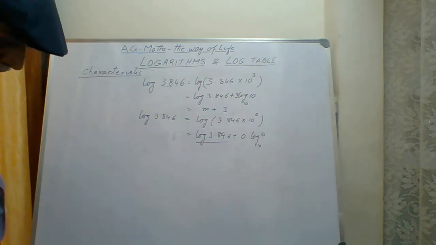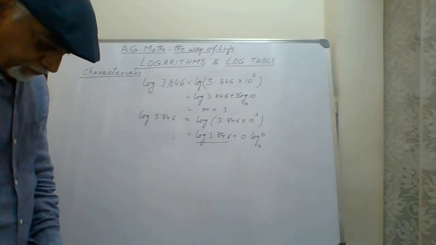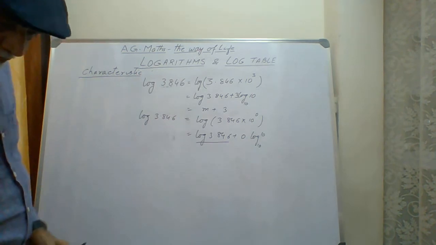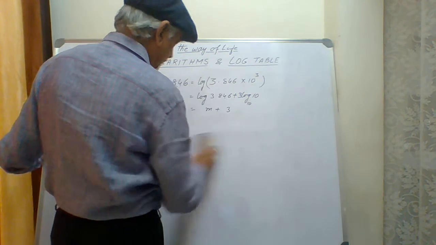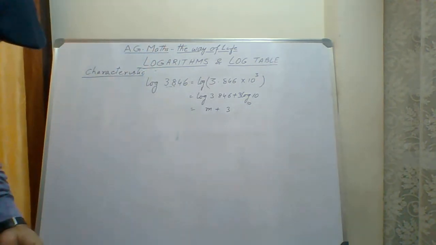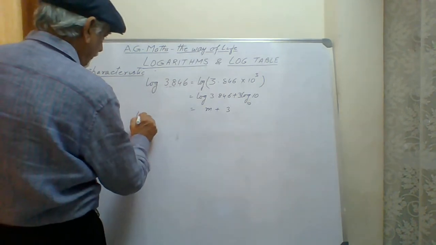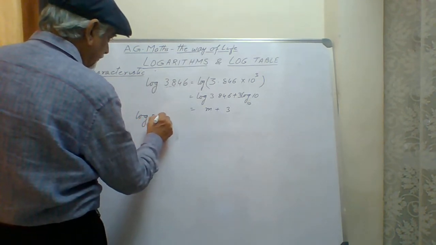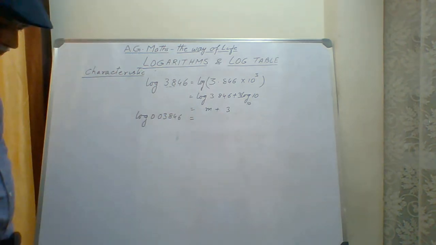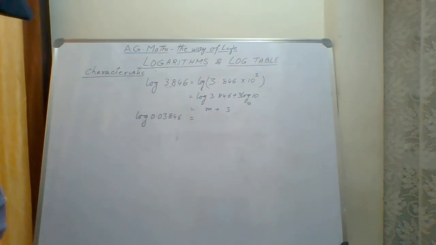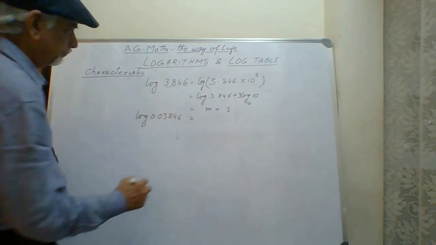Similarly, we can write 10 square, then 10 power minus 4 and so on. If I have to write log of 0.03846, how will I write this? It will be log of 3.846 into 10 to the power minus 2.